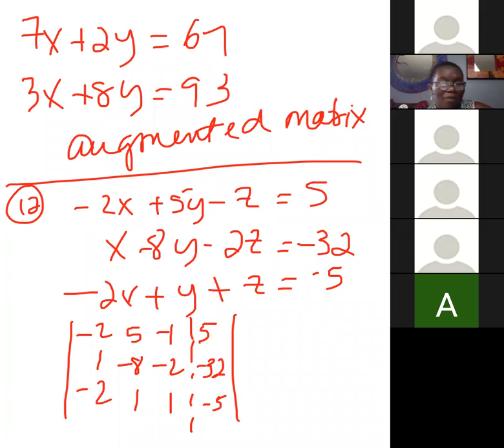The first thing I would do is swap row 2 with row 1, because remember, in order to arrive at row echelon form, the main diagonal must consist of all ones, and all the elements below the main diagonal must be zeros. Once you accomplish that, you've essentially finished with row echelon form, and then you back substitute to figure out the remaining values of the variables.